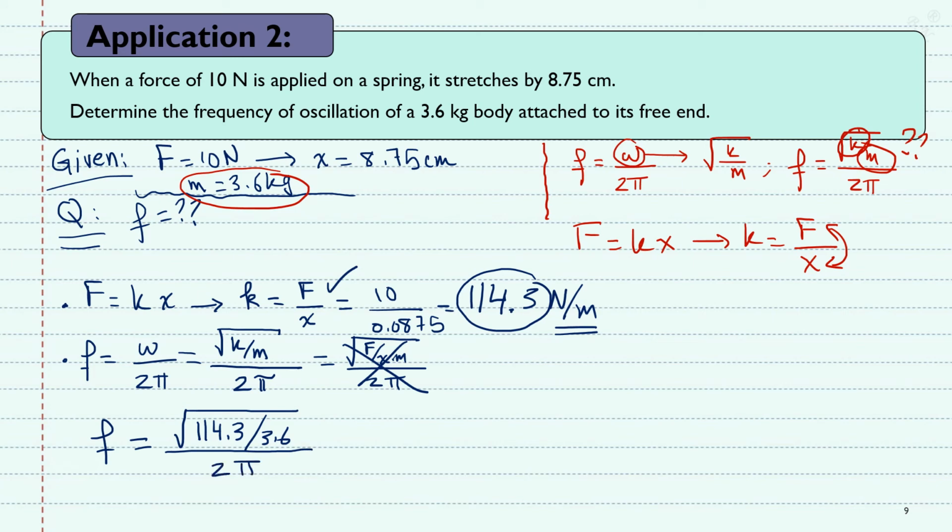Now jot that on a calculator and double check the calculation, and if I'm mistaken, please write that in the comments. I'm going to get an answer of 0.896. Now I need one decimal digit, so this is going to be 0.9 hertz. So that's it. This is the answer for this application.